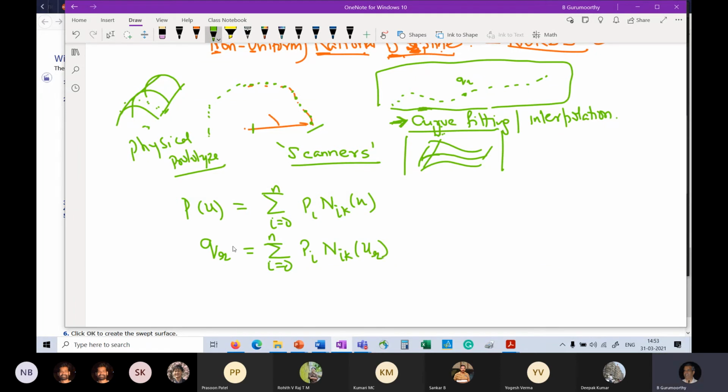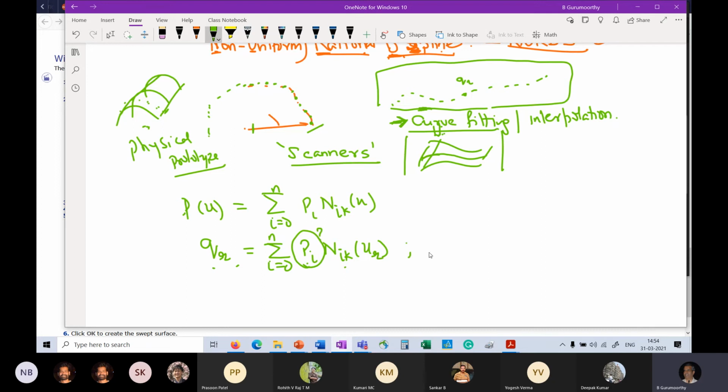one of, so here the unknown is this. So far that we were doing, these were all known, k was known, n was known, N_ik was known, P_i was known, I find P given a u. Here, Q is known, a point on the curve is known. The basis functions, we have to see whether we know it or not, but the unknowns are P_i. I want to find these.